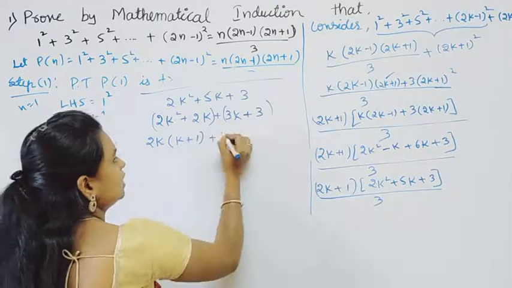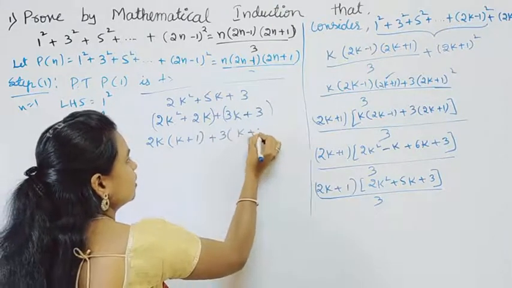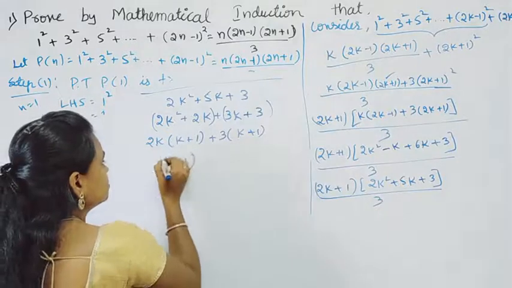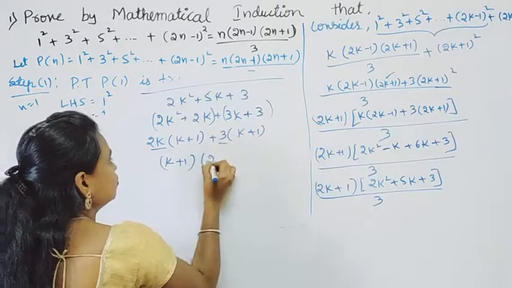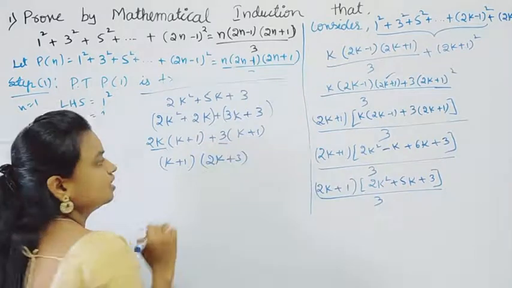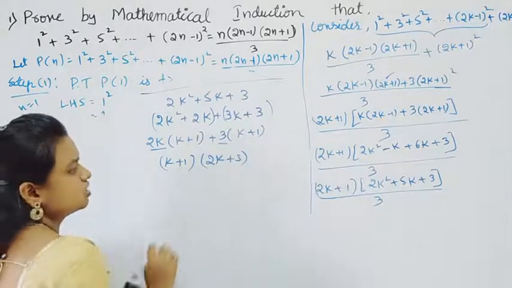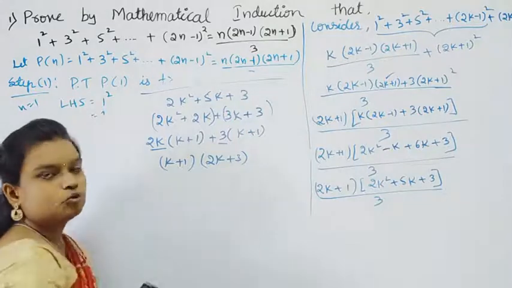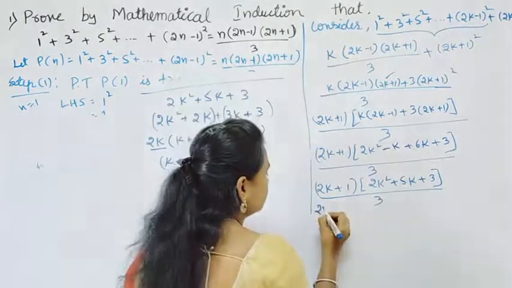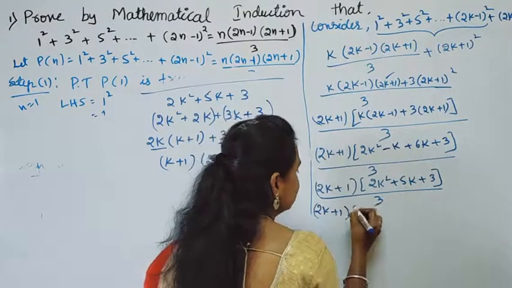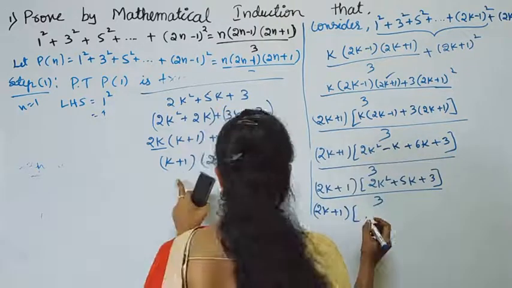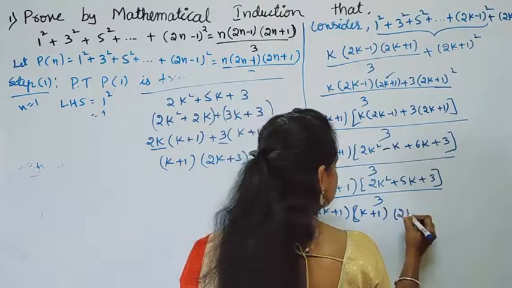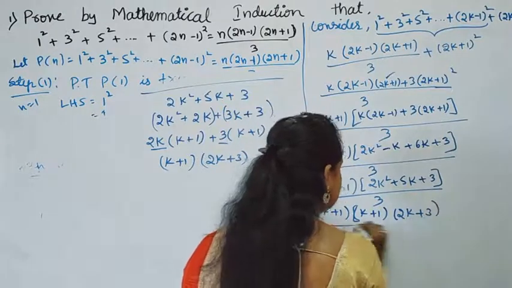Plus here take 3 as the common factor, so it becomes (k plus 1). So (k plus 1), (k plus 1), and the remaining is (2k plus 3). So the factorization of this one is (k plus 1) into (2k plus 3). So (2k plus 1) into (k plus 1) into (2k plus 3) whole divided by 3.